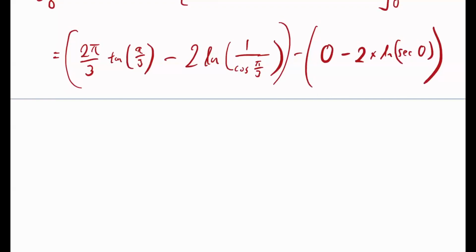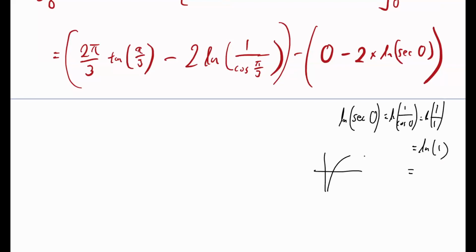Secant 0 is 1 over 1, which is 1. So what's ln of secant 0? ln 1, which is... what's ln 1? Oh no, I mean 0. Yes, it's 0. So 2 times 0 is 0, and 0 minus 0, the whole thing disappears.